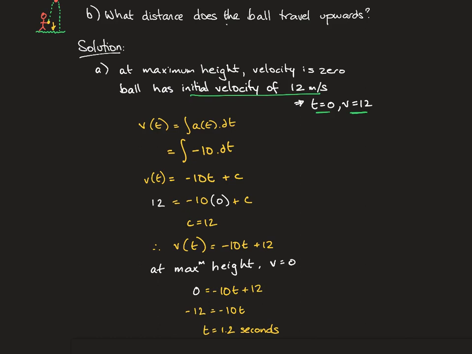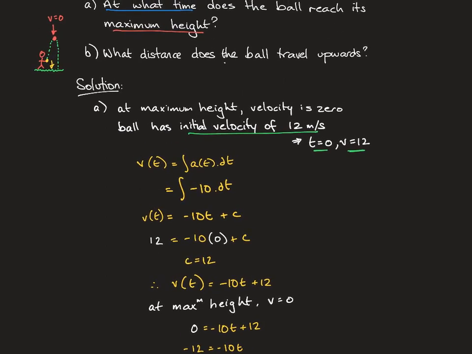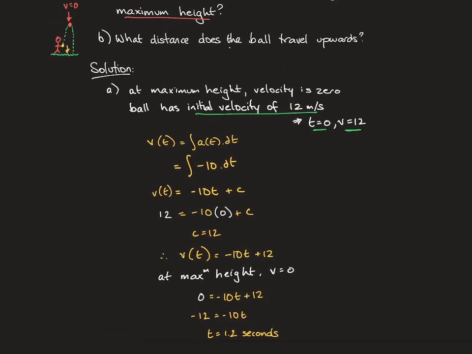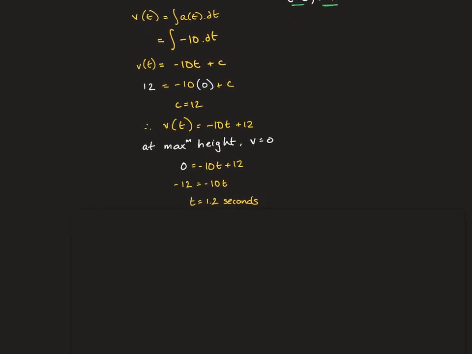Okay, part B. Part B says, what distance does the ball travel upwards? Distance is displacement, and we've got a formula for velocity. So we can find our displacement from our velocity formula.